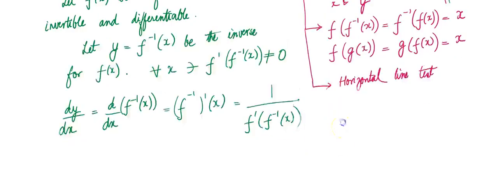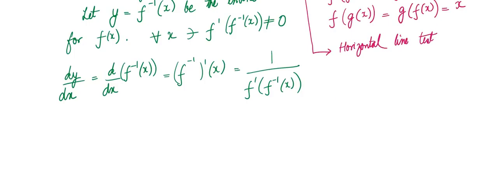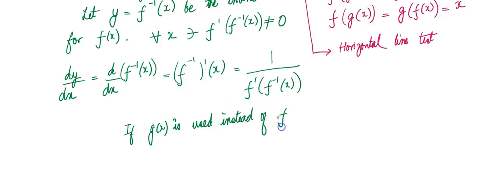If you were using the g notation, it's slightly better looking, because if g of x is used instead of f inverse of x, then you just say g prime of x. So the notation immediately looks a lot better: 1 over f prime of g of x.